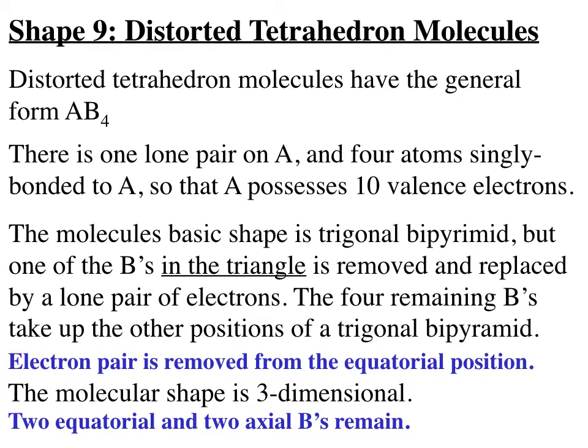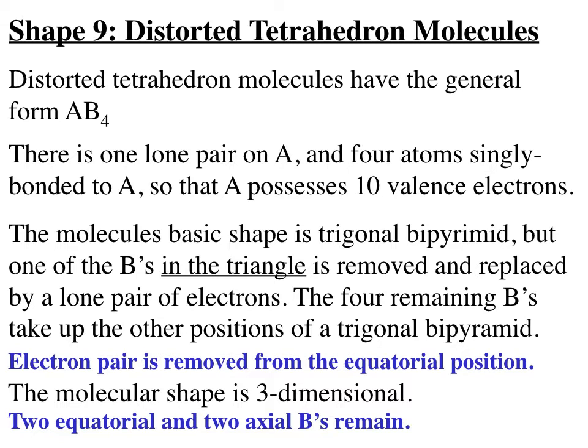To our 9th shape, which is now going to be based upon the trigonal bipyramid shape that we saw as shape number 7. What we're going to do now is begin to remove bond pairs from the trigonal bipyramid and replace the bond pairs with non-bond pairs.